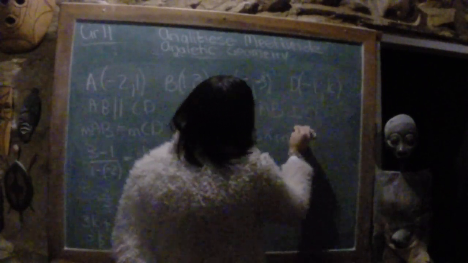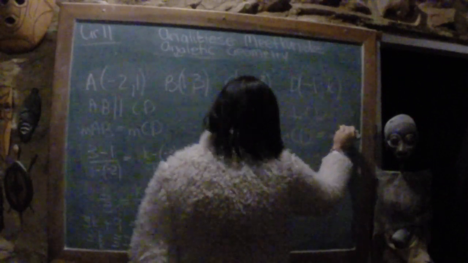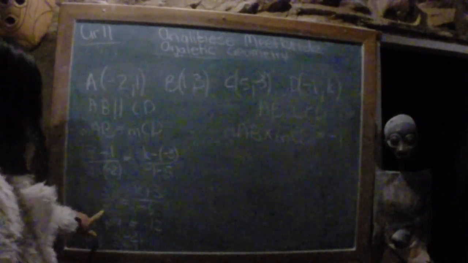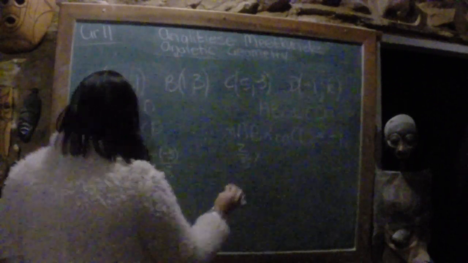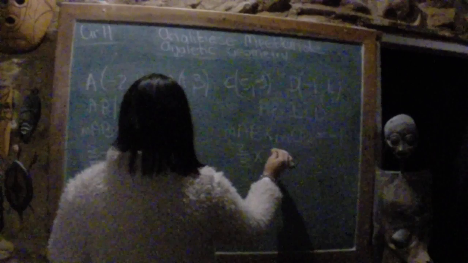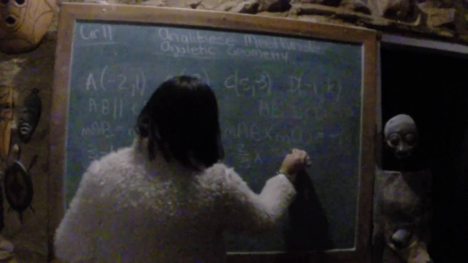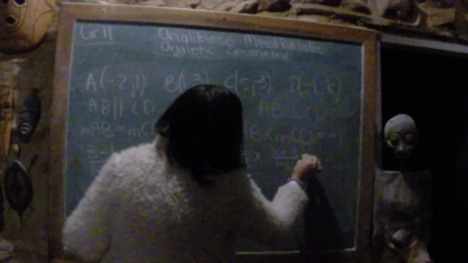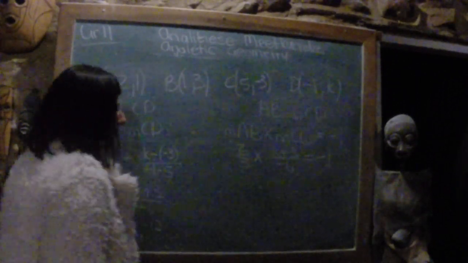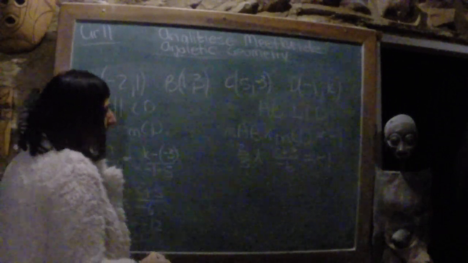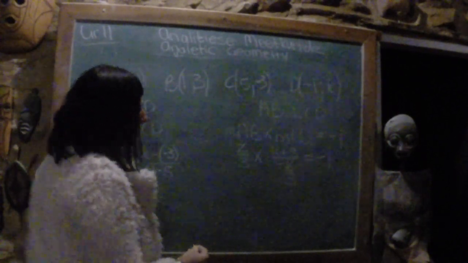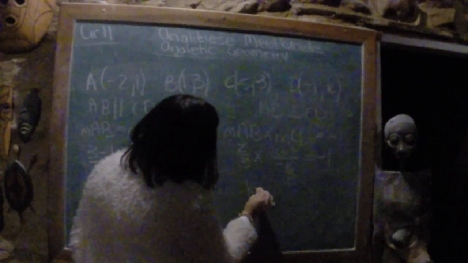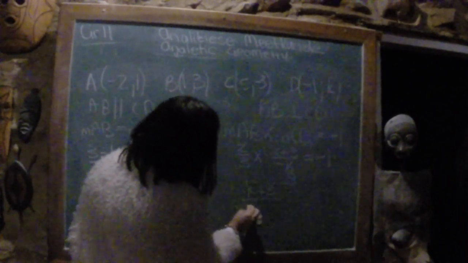If the line segments are perpendicular to each other, then it means the gradient of AB times the gradient of CD must be equal to minus 1. So we've got the gradient of AB. We're going to multiply it by the gradient of CD, K plus 3 over minus 6, and that must equal minus 1. So let's see what the value of K is in this case. 2 goes 3 times into 6. So I can say K plus 3 over minus 9 is equal to minus 1.